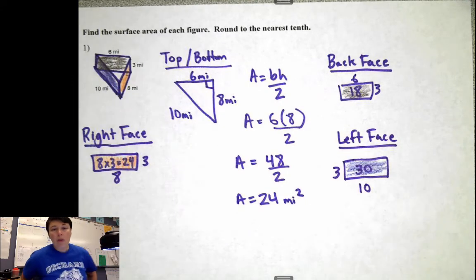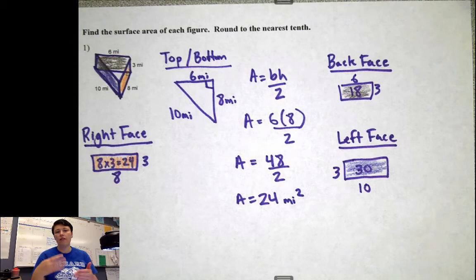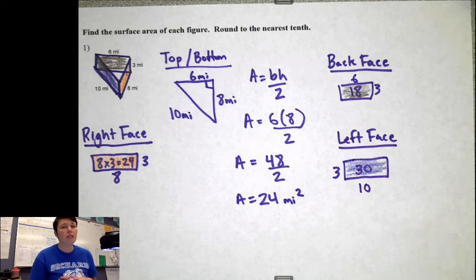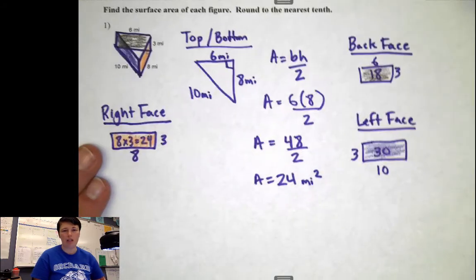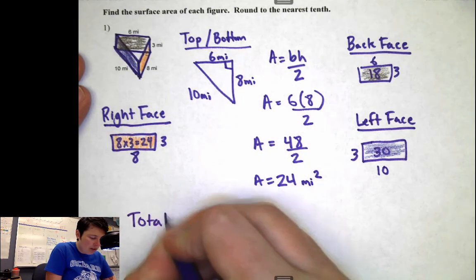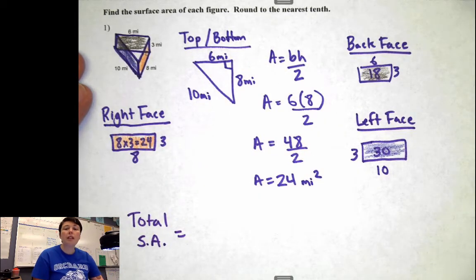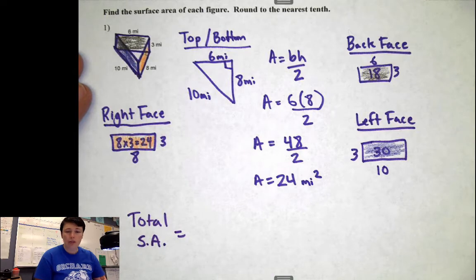Sweet. Okay, so now we have found the area of the top, the bottom, the right, the left, the back face. We've got all the different sides, so to speak. So now we just got to total this up and get a grand total. So we're going to write down at the bottom here, total surface area equals. And we are going to add all of this up. You can start wherever you want.